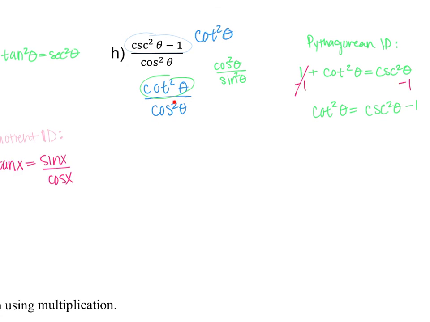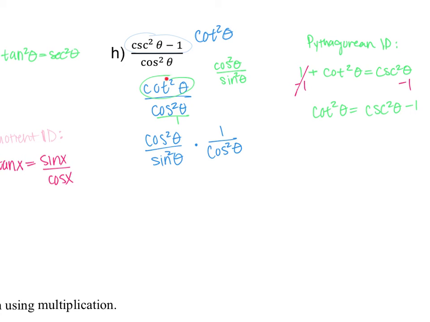I'm also dividing that by cosine squared. If I write cosine squared as a fraction, that helps me recognize that I have to flip it when I'm dividing, so I'm going to flip it and make it 1 over cosine squared.